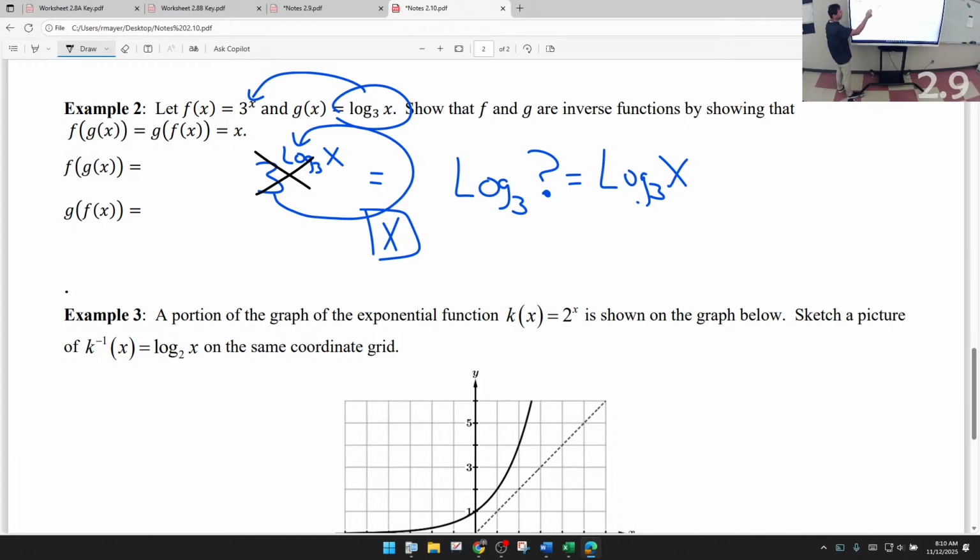I got to do the flip of that. So now I have to put this in place of that x. So I have log base 3, not of x, but of 3 to the x. Okay?